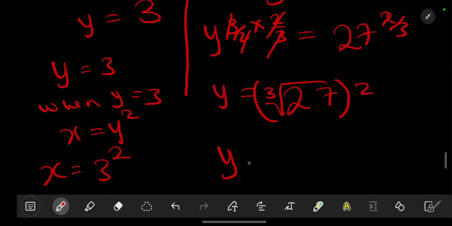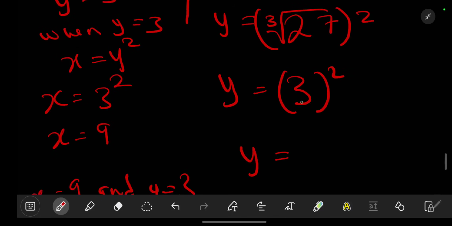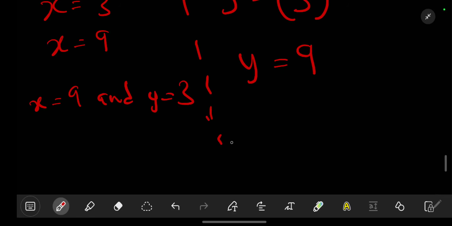So y should be equal to the cube root of 27, which is 3, then squared. So y should be equal to 3 squared, which is 9. So that means to say our y value is equal to 9.